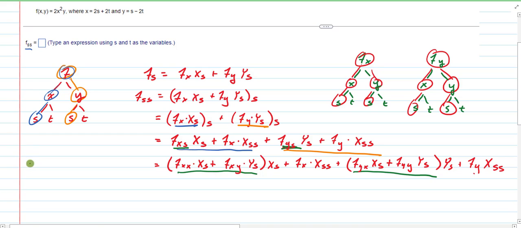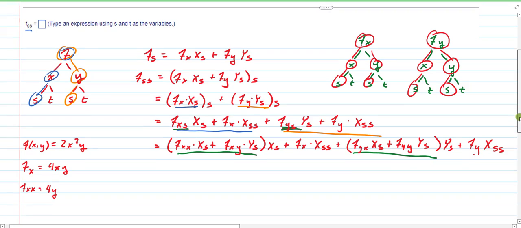So what we'll need to do is we'll take our f sub xy, which is our 2x squared y, and let's compute all these partial derivatives. So if we do f sub x, that would be 4xy. If we do f sub xx, that would be 4y. If we did, let's give ourselves a little more room.